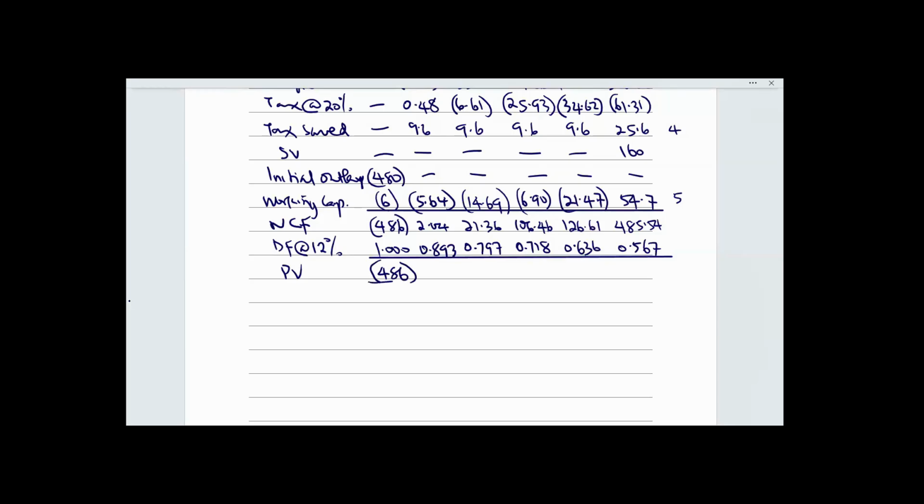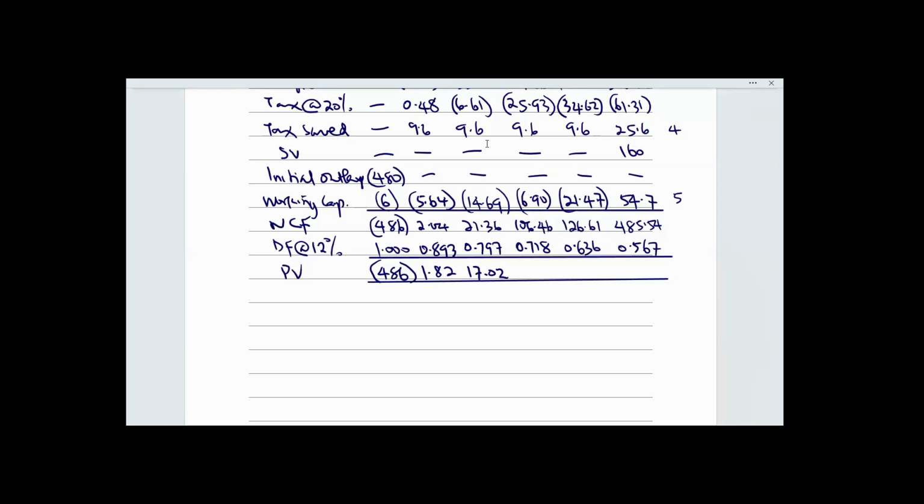So let's calculate present value for each year. 2.04 multiplied by 0.893 is 1.82, and we are doing 2 decimal points. Then year 2, 17.02.